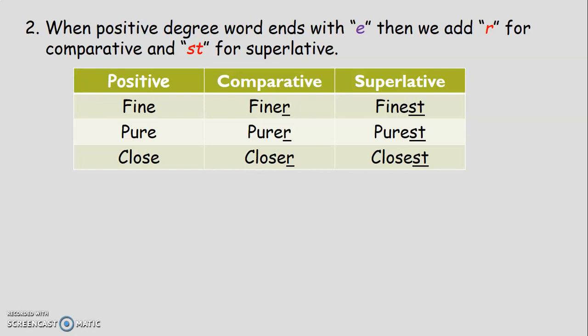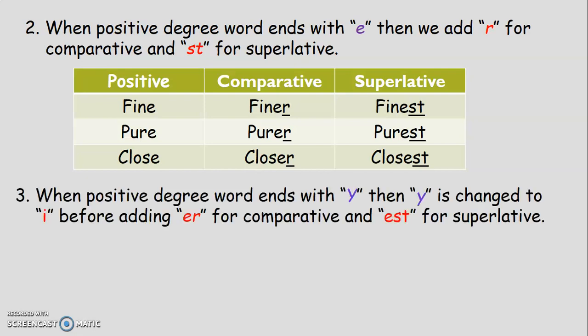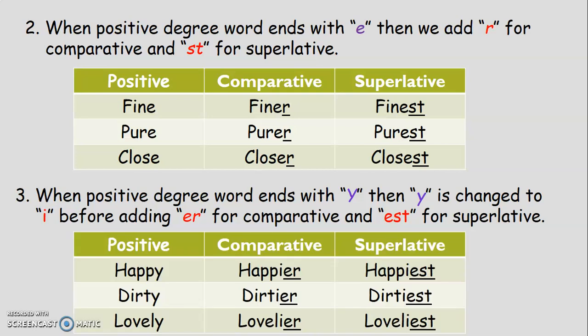Let's see the next rule. When a positive degree word ends with y, then y is changed to i before adding er for comparative and est for superlative. Let's see the example. Happy. So happy is a positive word which ends with y.